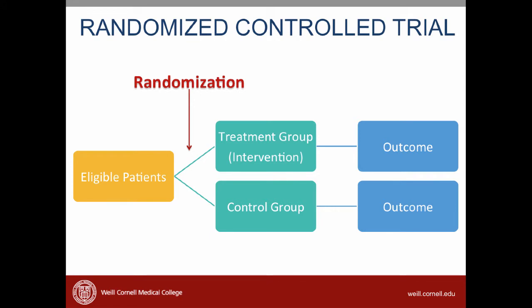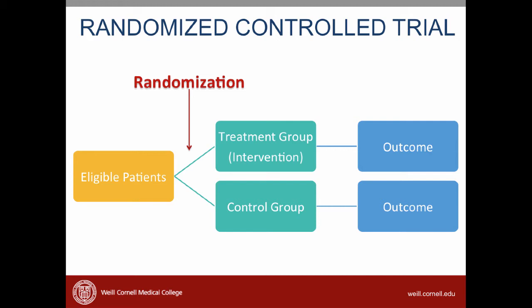One key thing to think about when you read an article about therapy is how the study is designed. If you remember from our previous lectures, the gold standard study design in a study about therapy or an intervention is the randomized controlled trial. Remember, in a randomized controlled trial, a group of patients with a certain medical condition, or the eligible patients, are randomized to receive either the treatment or the control.